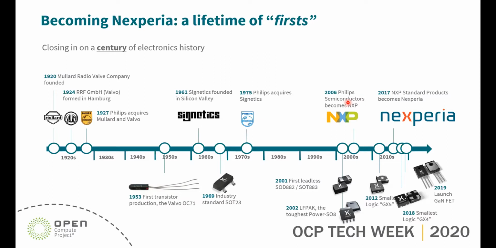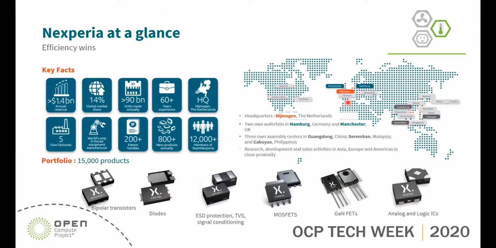NextPeria, the site in Manchester, focuses on MOSFET, and the expertise is developed in MOSFET particularly. But NextPeria as a whole does provide over 90 billion discrete components in the semiconductor world. That's an overview.